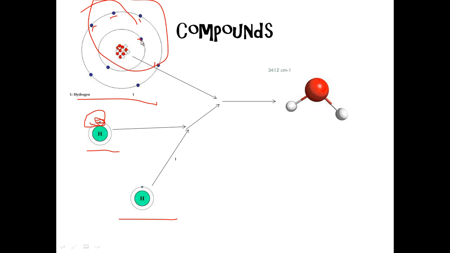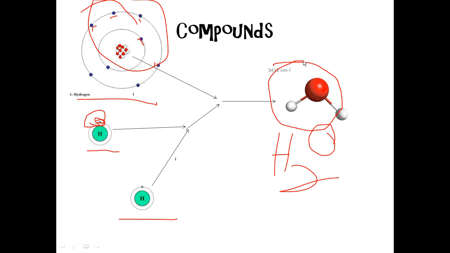So electrons from the oxygen atom are exchanged or shared with this hydrogen atom, and these atoms combine together to form a molecule. Now this is an H2O molecule, a water molecule. When one oxygen atom and two hydrogen atoms come together, they share their electrons, form chemical bonds and form a water molecule.